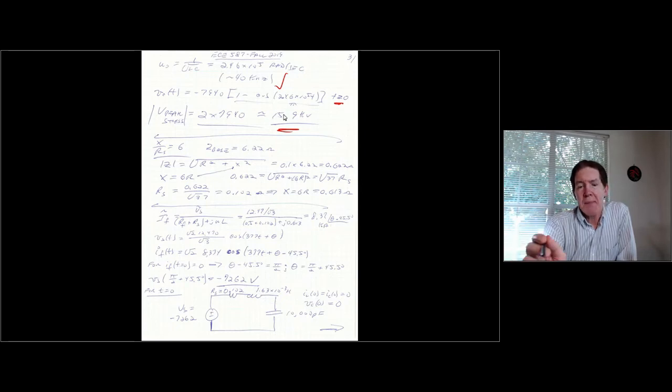Now, what would happen if we were going to consider the impact of having an X to R ratio for the source? Let's say the X to R ratio is equal to 6. What we need to do in this case is figure out what R and X are going to be. I'm going to assume that the magnitude of the impedance is still 0.1.